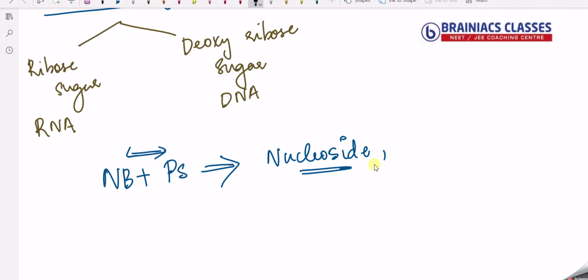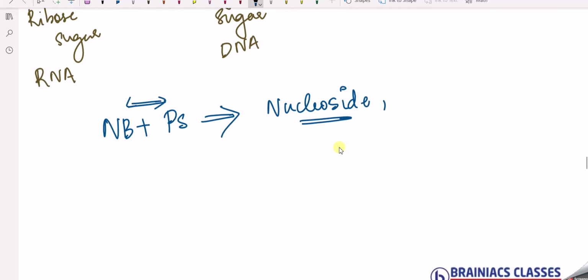These are the questions which you will get. It is the glycosidic bond. There is a glycosidic bond between the nitrogenous base and the pentose sugar. Understand, everyone? And can you give me examples for this nucleoside?